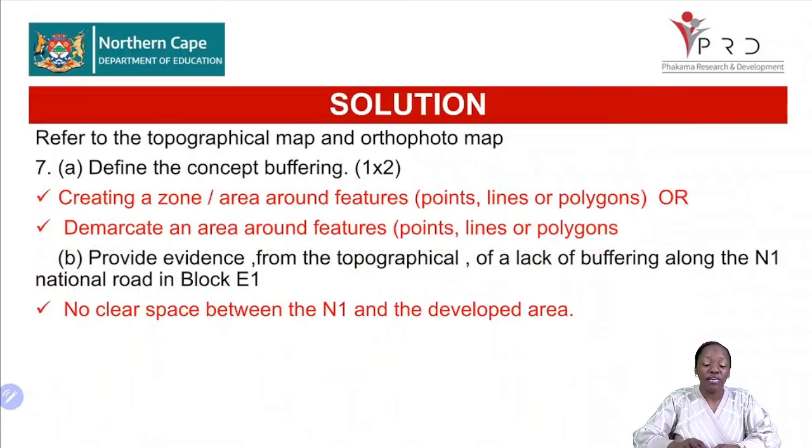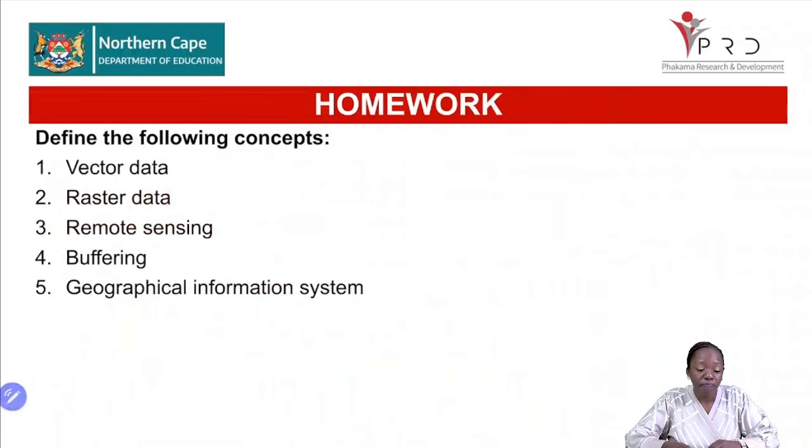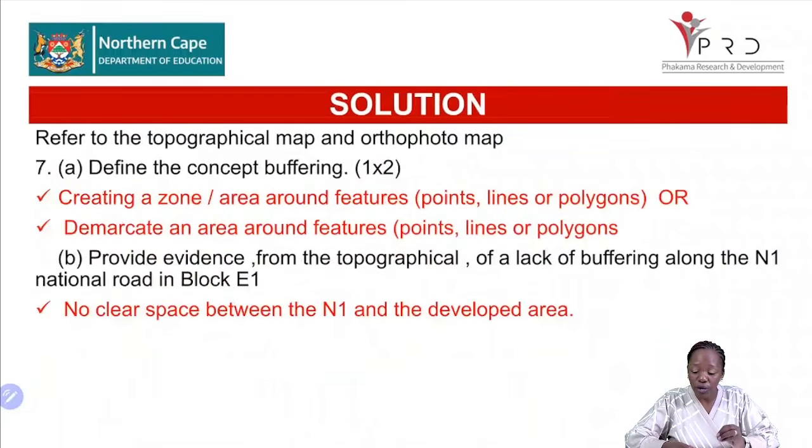So if there is no clear space, it means that area is not buffered. Or one might also say there is no space; the road as well as the buildings are too close.